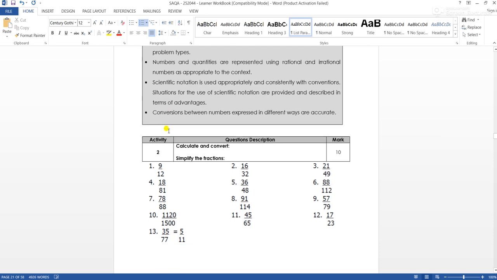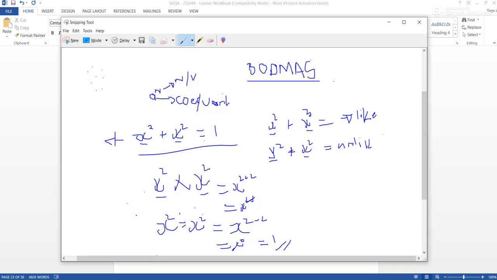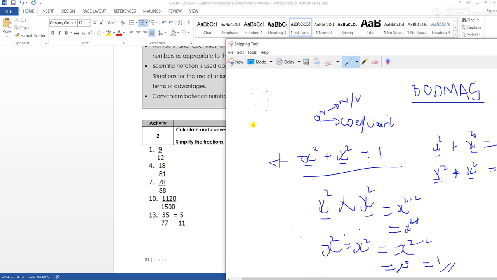And session 2, you need to calculate, evaluate, and simplify the fraction. So for instance, in number 1, what you need to do, you need to apply to everyone. When you simplify, you need to find a number that is divisible into both terms.